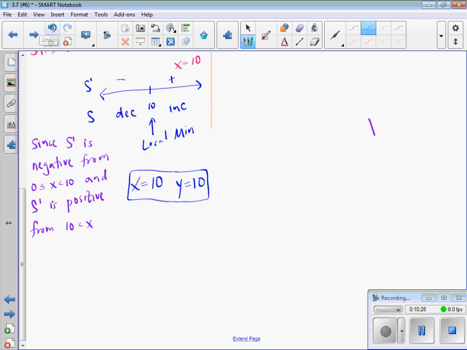So I suppose I could flip that. That probably makes more sense. So let's say when x is greater than 10, we know what? We know there's a minimum at x equals 10, right?